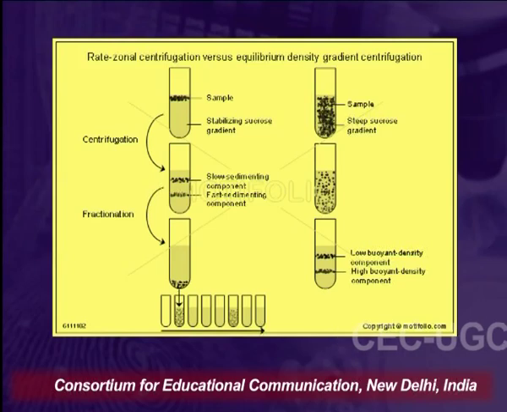So, rate zonal and isopycnic both come under density gradient centrifugation, and depending upon what kind of separation is required, what basic criteria we are looking for, and what kind of materials we have to purify, we can choose either rate zonal or isopycnic centrifugation.